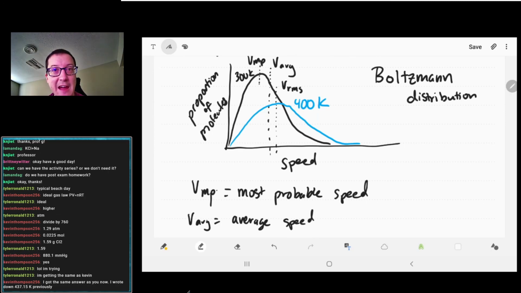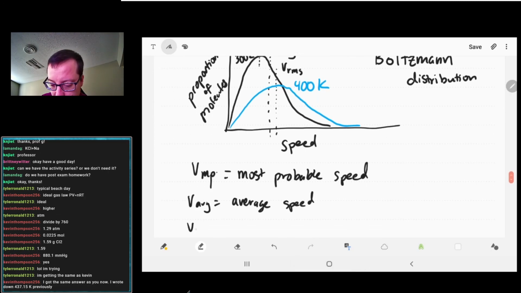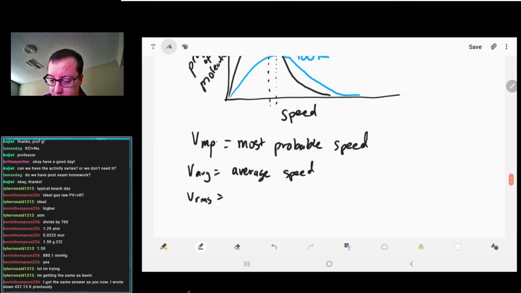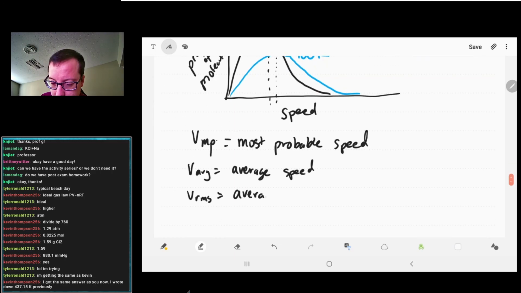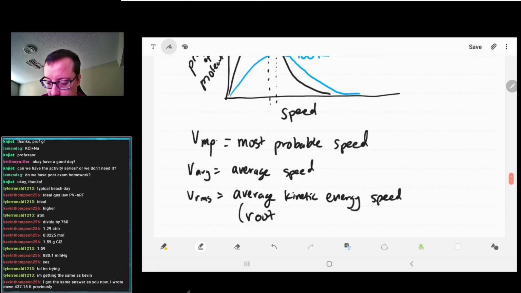So we have the average speed as well, and then we have the root mean square, which is the average kinetic energy, or it's the speed at the average kinetic energy. The RMS stands for root mean square.